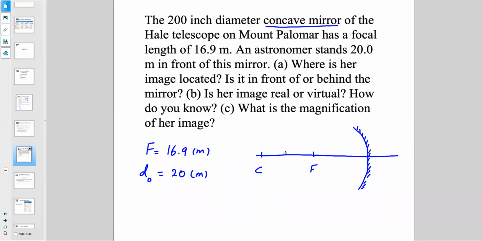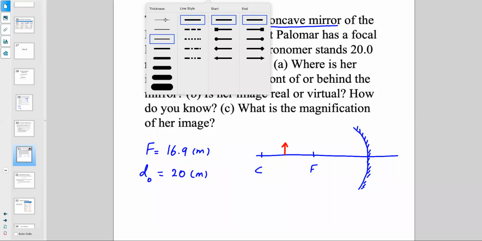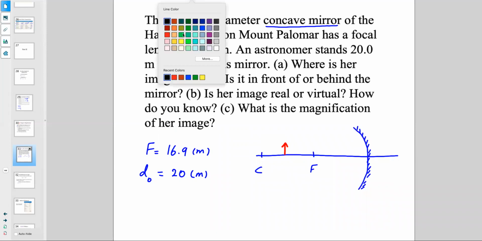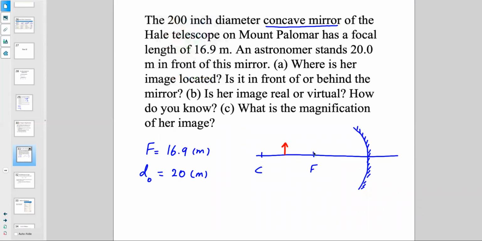So let's say this is our object. I need to show that there exist rays. Let's say this is my incident ray, a P ray, which is parallel to the axis. This would be reflected like that.